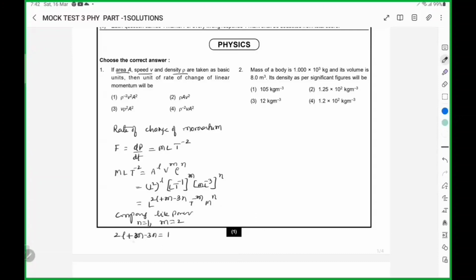So M here is 2, N is 1, so 2L is 2, L is 1. So finally it is A power 1, V square, and rho power 1. So the second option.